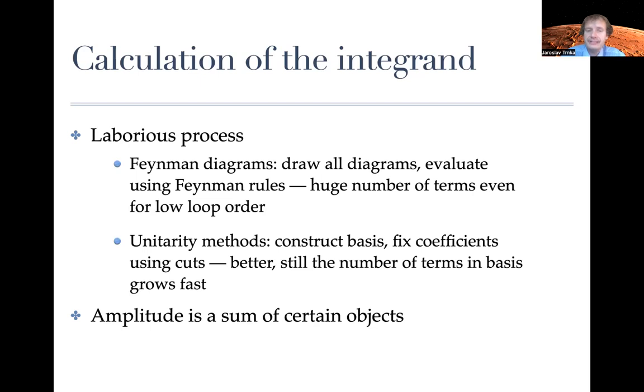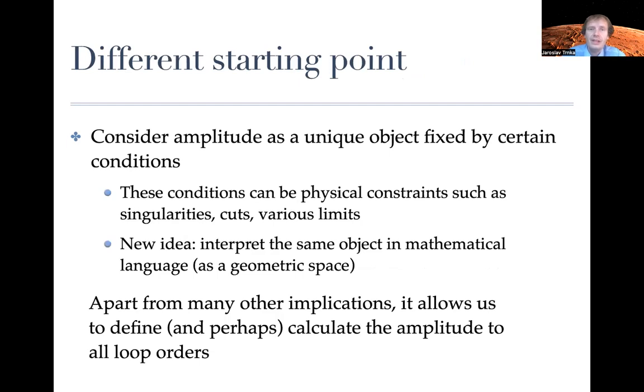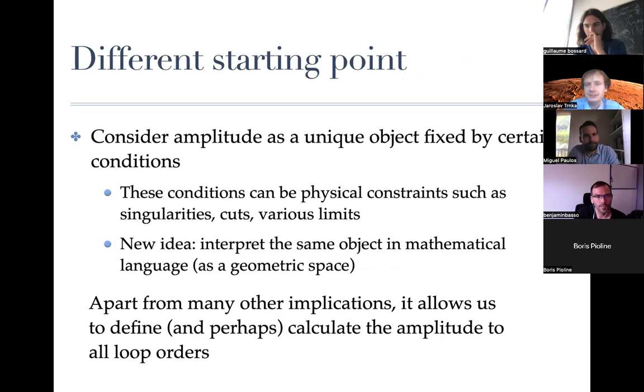We would like to really think about the amplitude as a single object, not as a sum of other things. It's a little bit of a change of paradigm, because this single object, the amplitude, or the loop integrand more precisely, is the thing we would like to give a new interpretation to. We would like to fix it by certain conditions. So it should be unique and fixable by certain conditions. Typically, we would use physical conditions, as I said, poles and singularities, because it's a rational function.